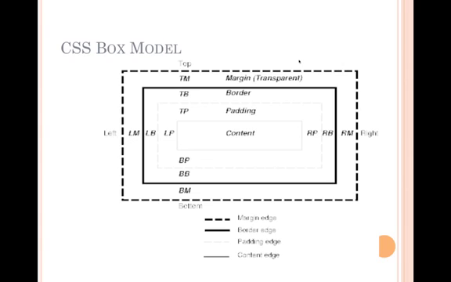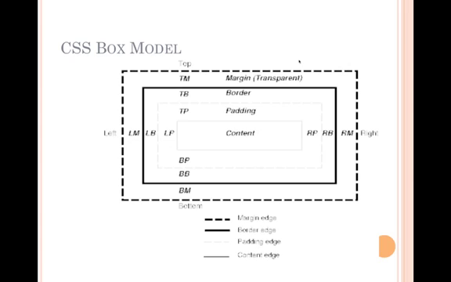All right, the one bit of theory behind CSS that you need to understand is what's called the CSS box model. The box model is used for creating layouts. So it's really important you understand how this works because you're going to use this a lot.